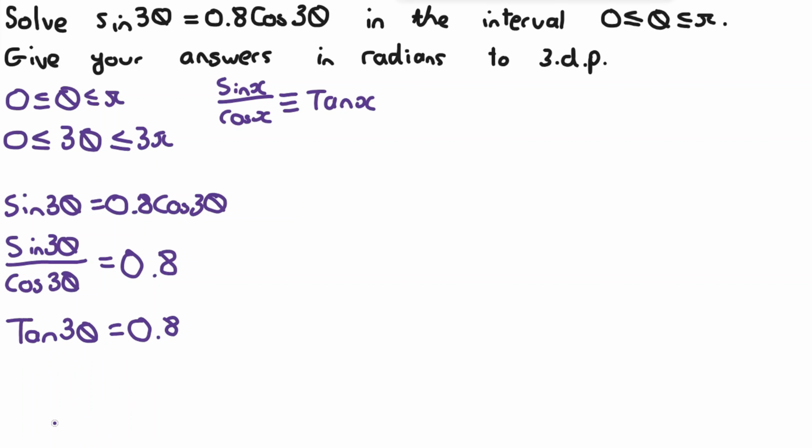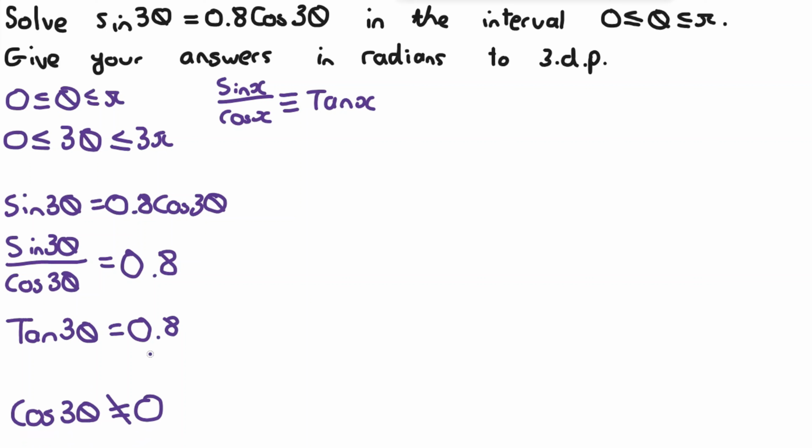Now, really quick, if cos of 3 theta equal to 0 was a solution to this equation, we would not be able to do this because we would not be able to divide by cos of 3 theta. So we would essentially be dividing by 0 if cos of 3 theta equal to 0 was a solution. But this is not a solution.